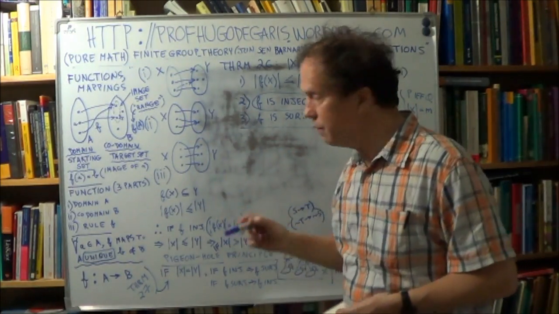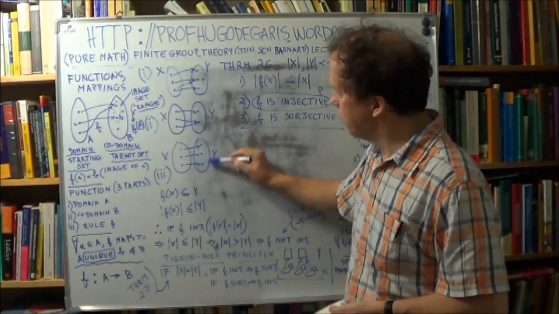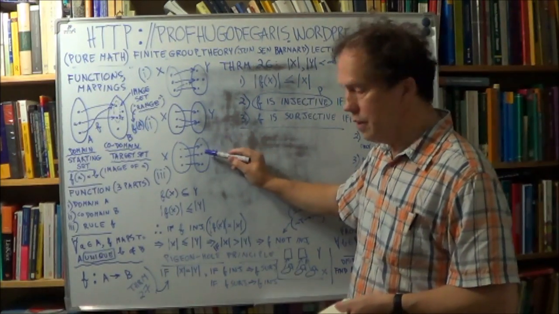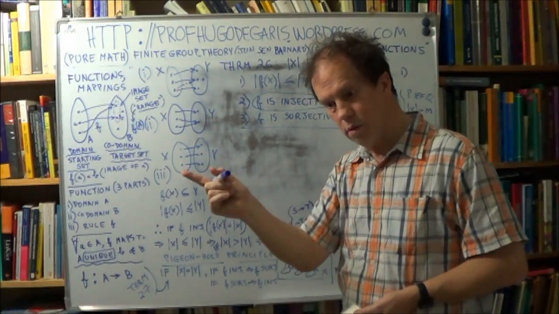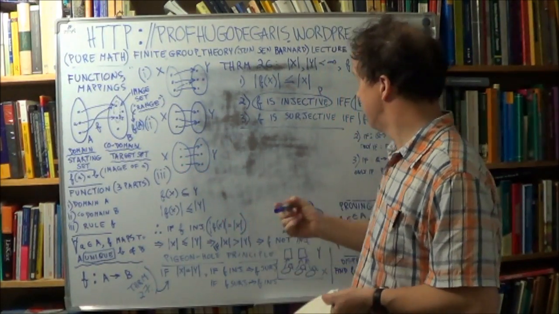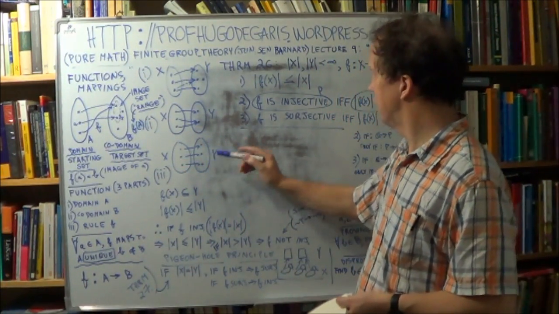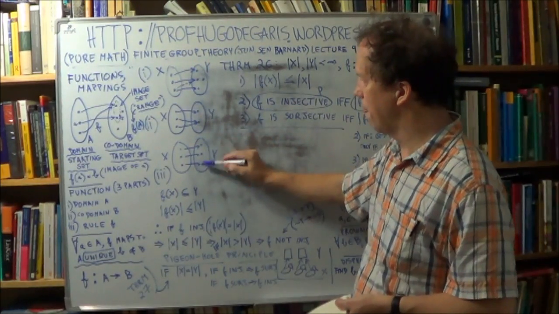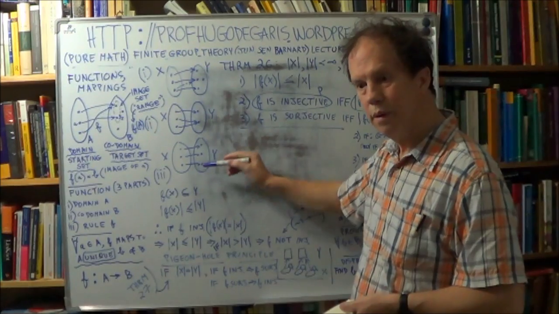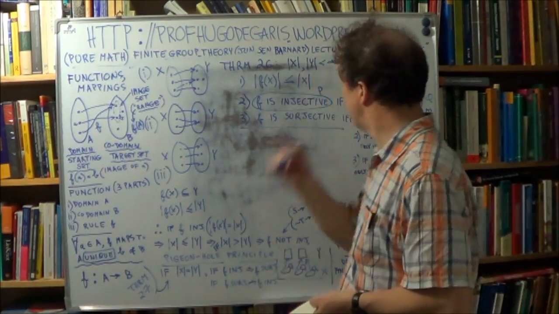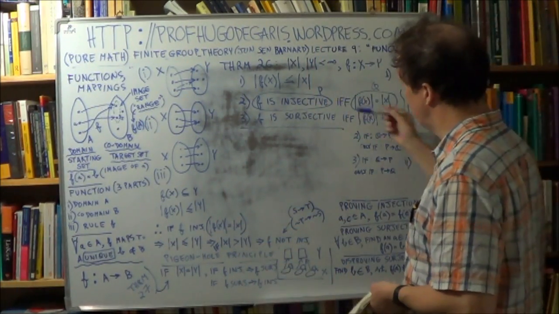Every member of your target set Y is mapped to once. So that means it is surjective. They're all mapped to, and that's the definition of surjective. Okay, so we've proven it from right to left.